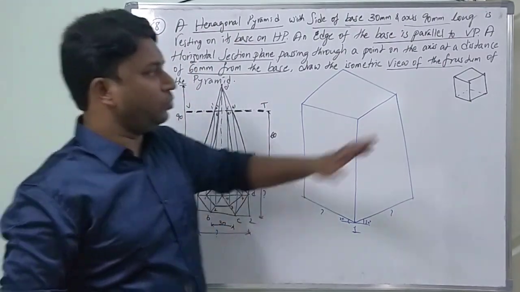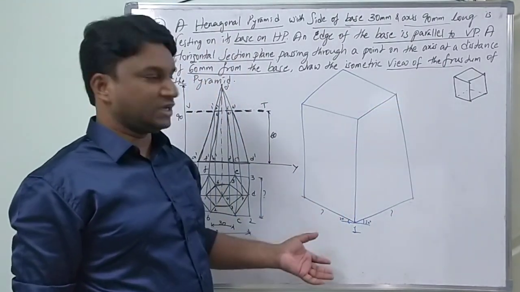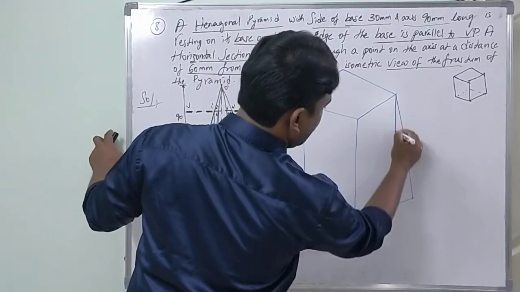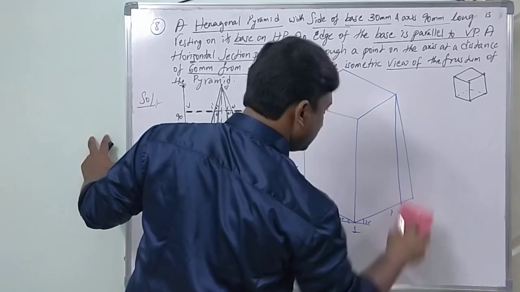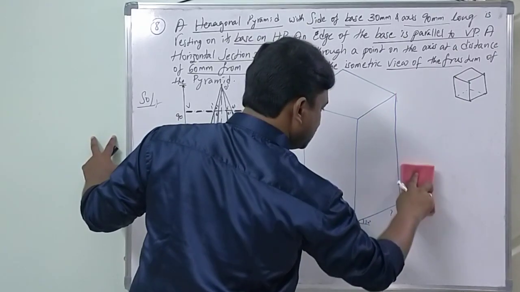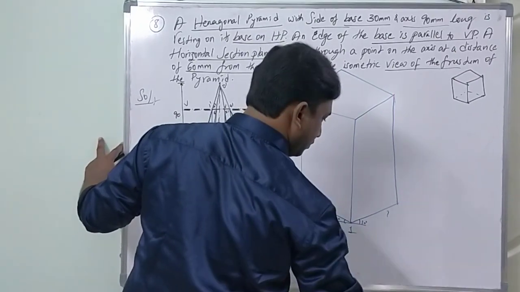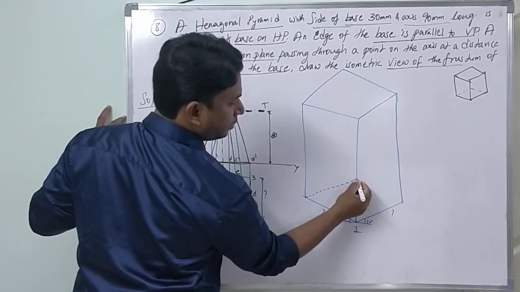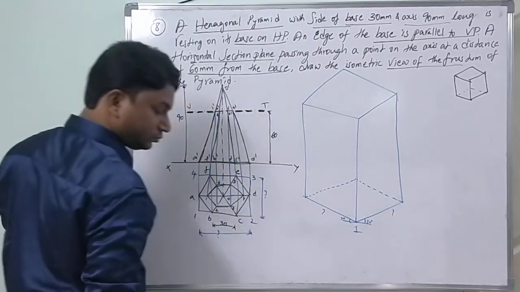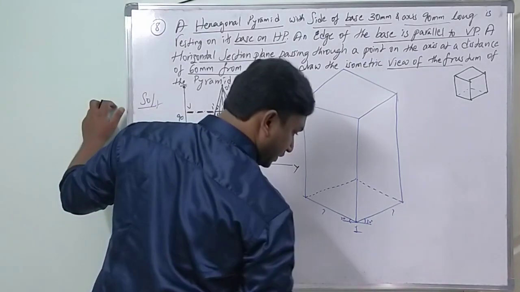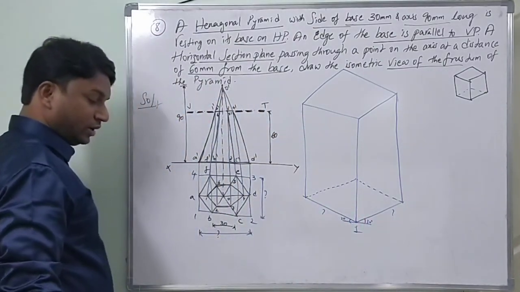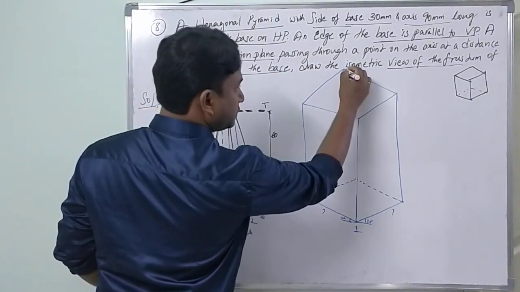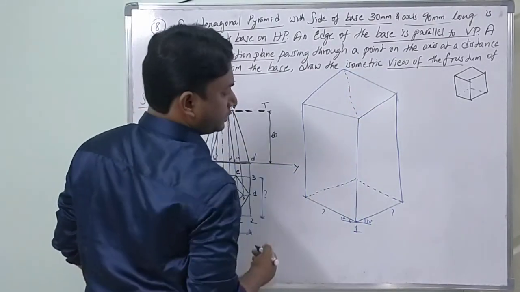It is the same as a cube where all sides are equal, but here it is something like a rectangle, right? So the same things you have to draw, but the height dimension will be more. See, that length and breadth depend upon your size. So you are supposed to draw it like this.